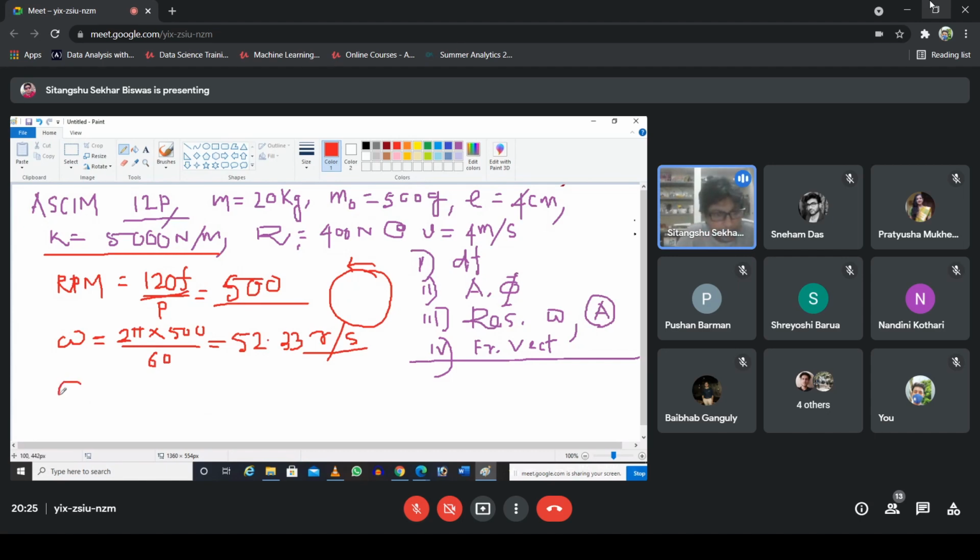Now what is the damping coefficient? Damping coefficient means the force divided by the velocity. So 400 by 4, that means 100 Newton second per meter.